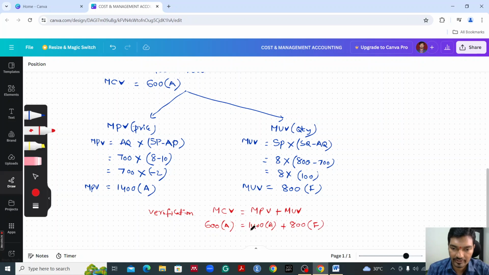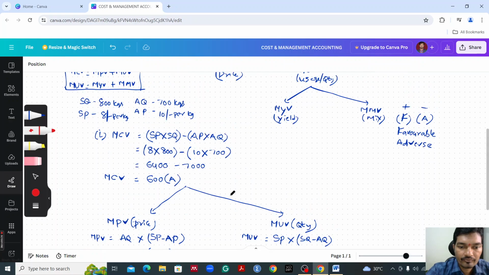If you verify this, 1400 is a minus value, 800 is a plus value, still we are in the negative of 600. Hence it is verified, we have done the process correctly. So this is the way we need to solve the sum.